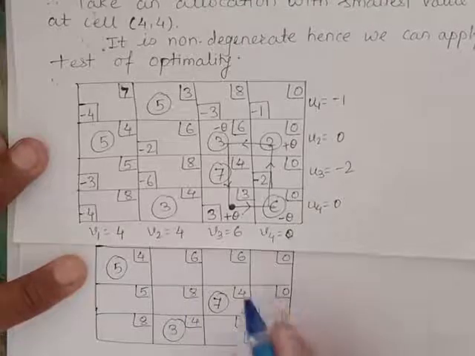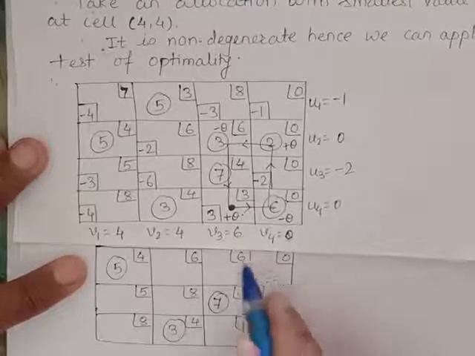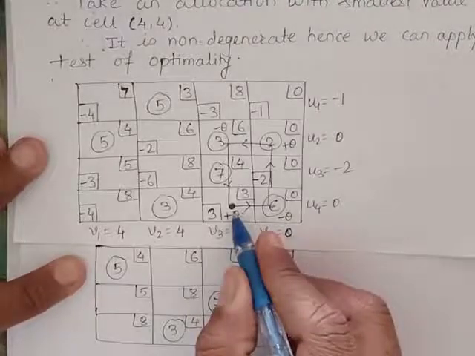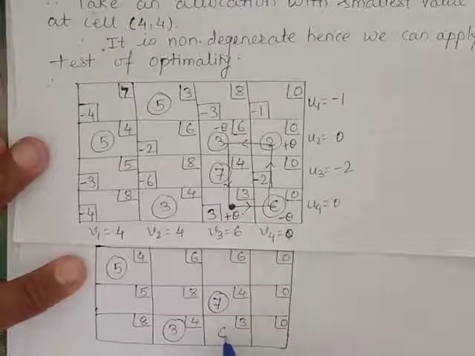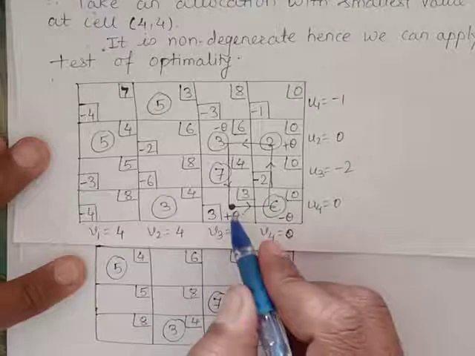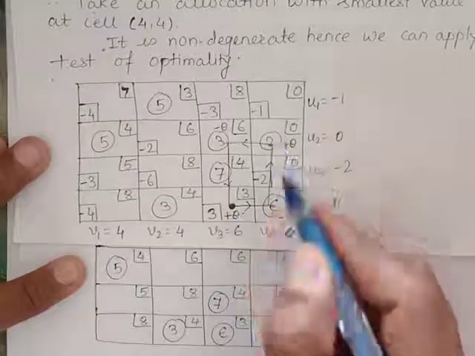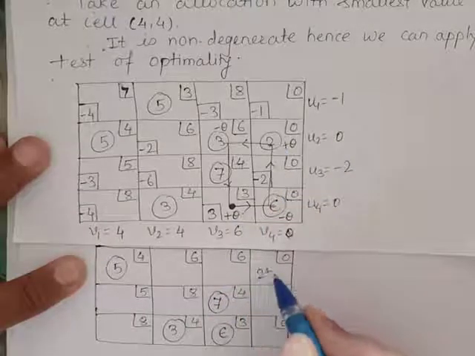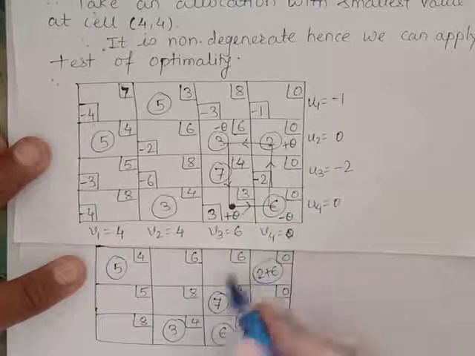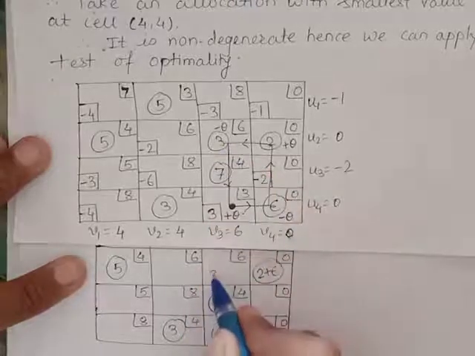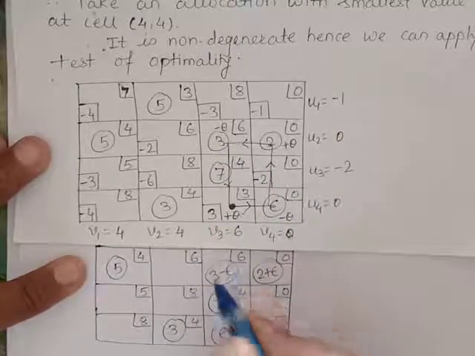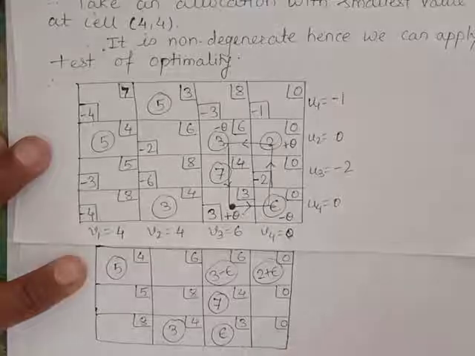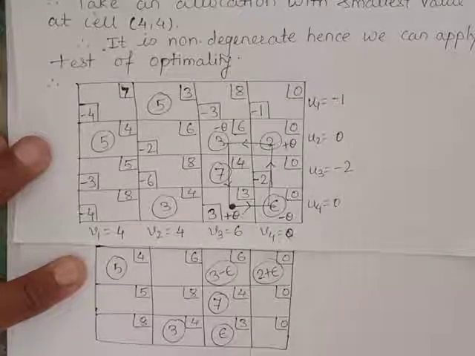Now let's do the changes at this loop position. So plus theta is here. So here we have to do an allocation epsilon. We will add that epsilon here, so it will become 2 plus epsilon. Fine. Here I have to subtract, so 3 minus epsilon I will do. Here there will be no allocation now. It will be unoccupied now.